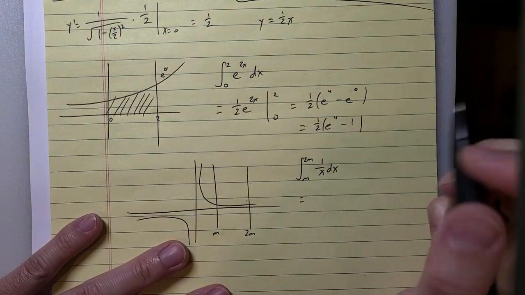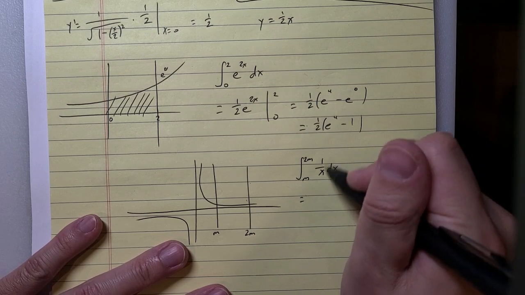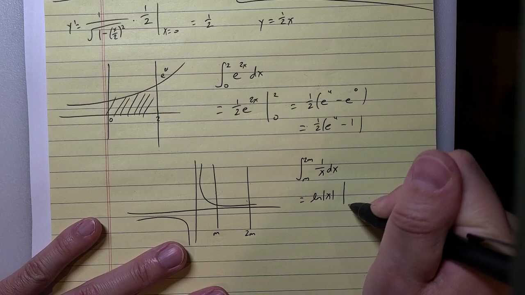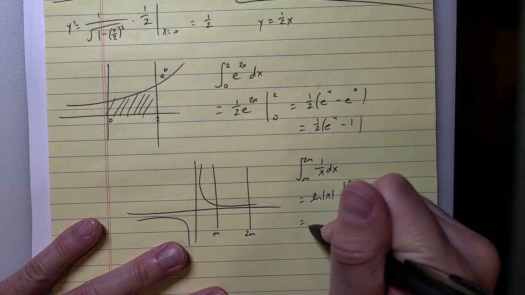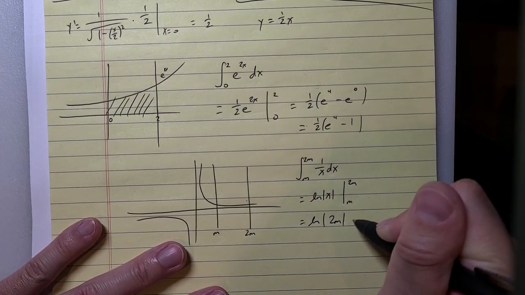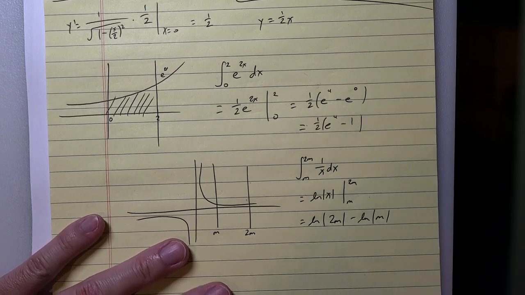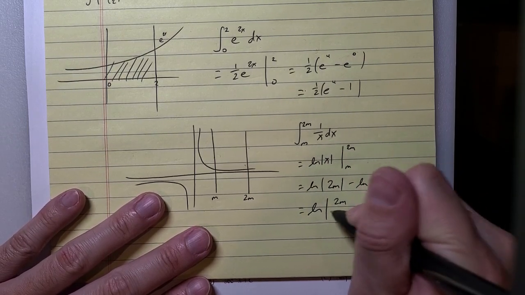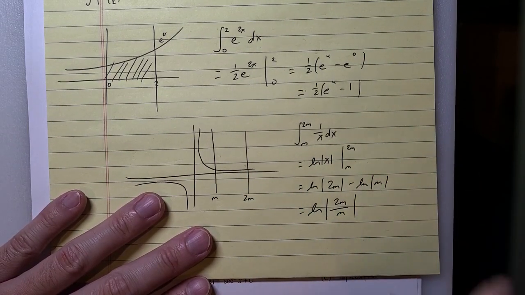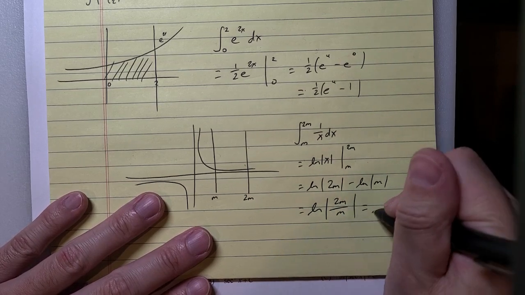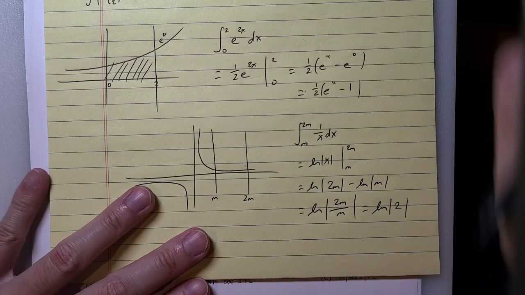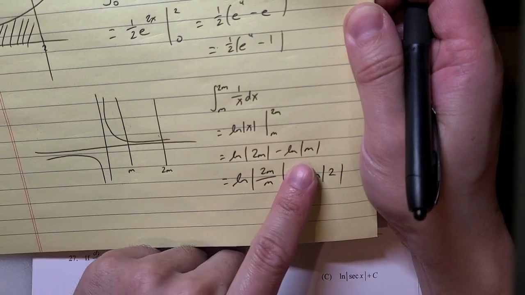If we use the fundamental theorem, find the antiderivative, that's just log of x, evaluated from m to 2m, which is ln of 2m minus ln of m. Or we could write this as ln of 2m over m. By properties of logs, this is just ln 2. So actually, the area does not depend on m.